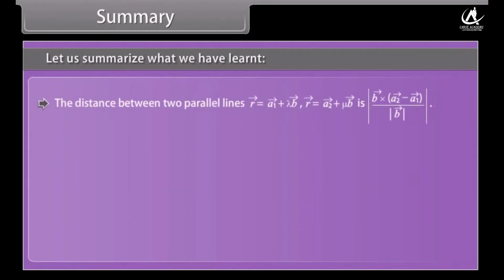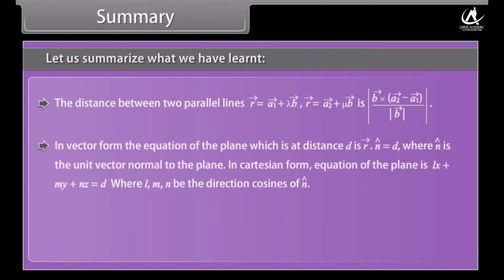The distance between two parallel lines is given by the formula. In vector form, the equation of the plane which is at distance d is given by the formula, where cap n is the unit vector normal to the plane.